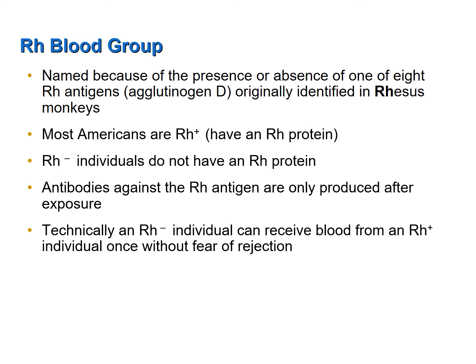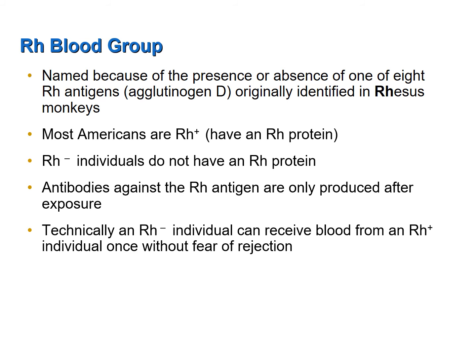If you were A negative and you'd never been exposed to positive blood before, you could receive a blood transfusion with my A positive blood once. However, you can never receive a transfusion with my A positive blood again, because once you were exposed, your immune system would create a large supply of antibodies.